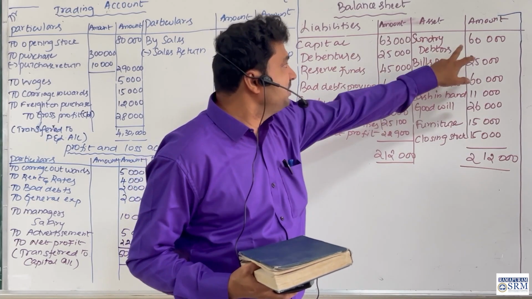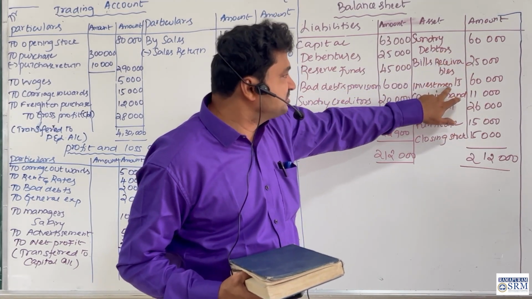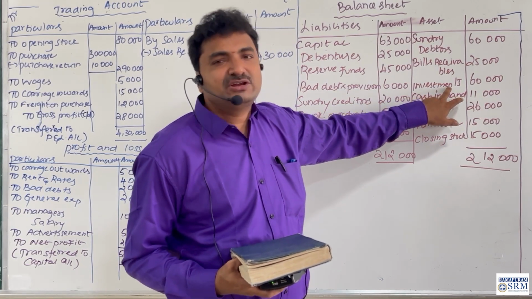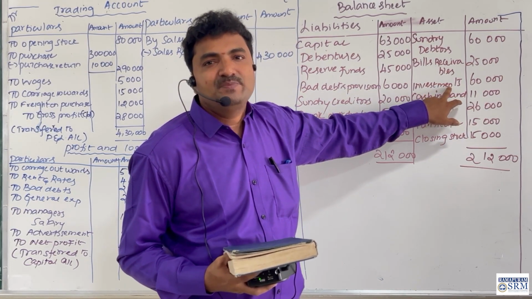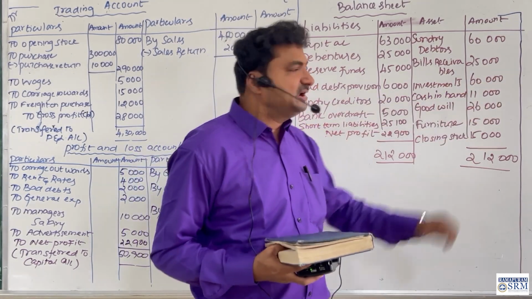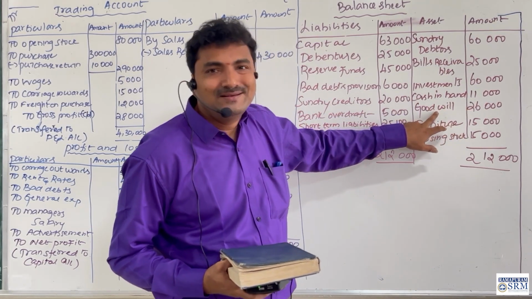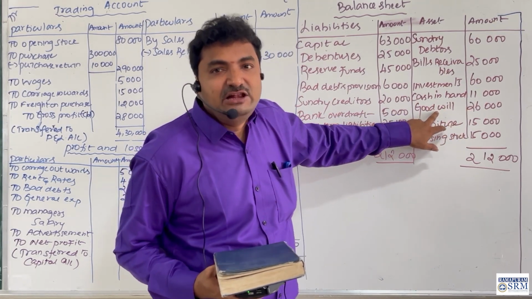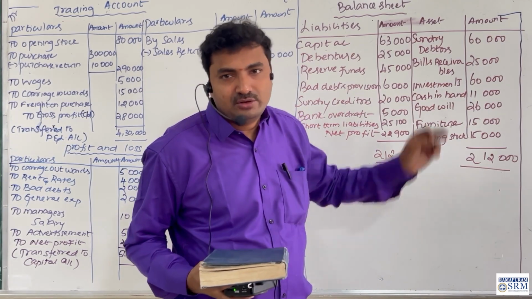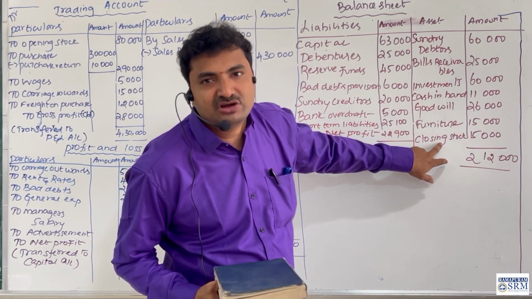So under asset, you have sundry debtors, receivables, investment. Sometimes if your company has invested in any other investment, that will come under the asset side. Cash in hand, goodwill, the most valuable intangible asset, furnitures, then closing stock.